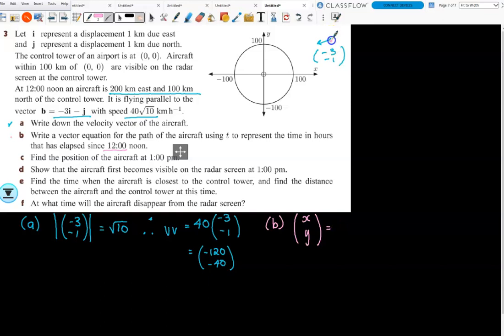I didn't label it, which is bad, but where did we say we started? 200, 100, right. So again, if it had been labelled, it's going to be a pretty easy thing to go through. So that's going to be 200, 100, plus t, and we've already found our velocity vector. And it's since 12 because we said that's where it was at 12 o'clock.